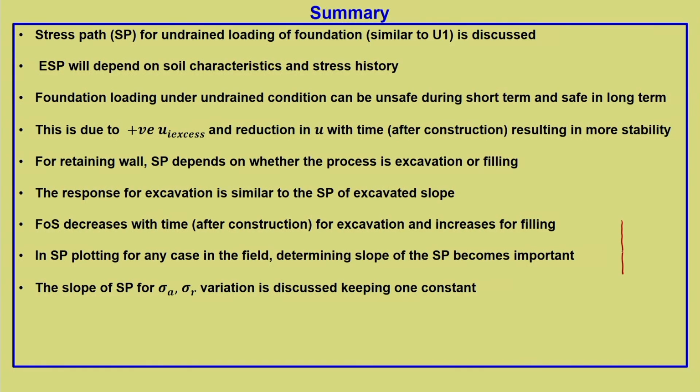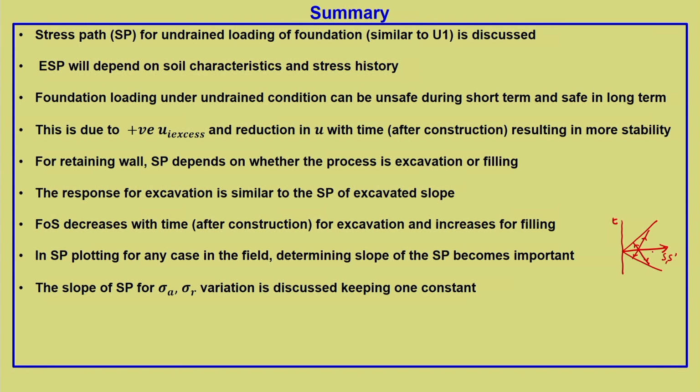We first kept sigma r constant and sigma A increased, and all other similar cases. There are 4 cases. If this is the failure line, we have got a response something like this. So, we have 4 stress paths.